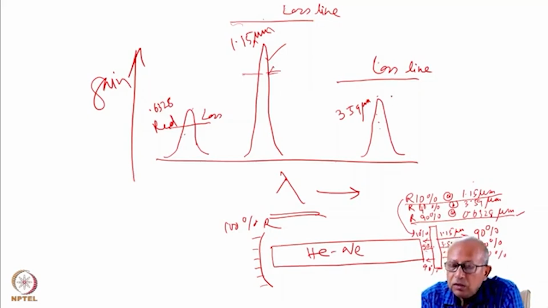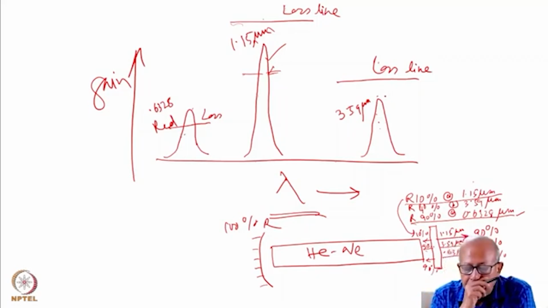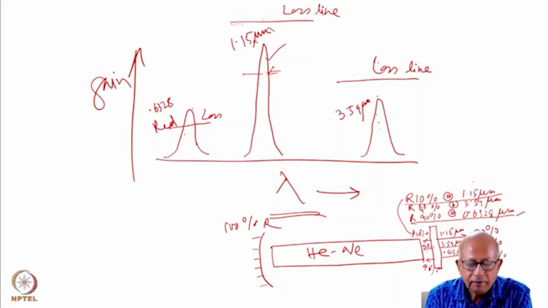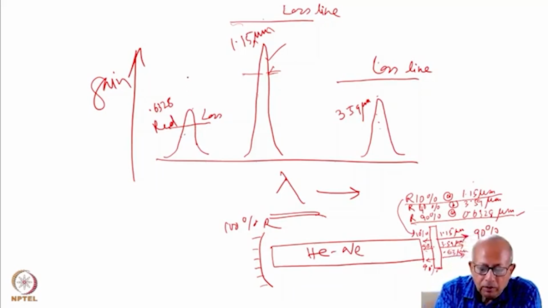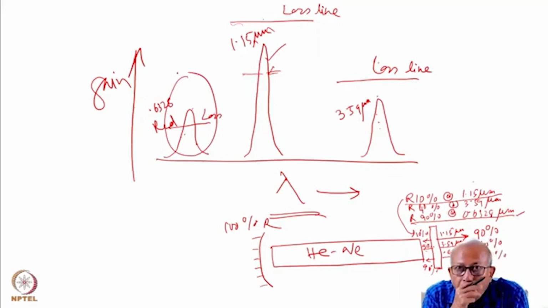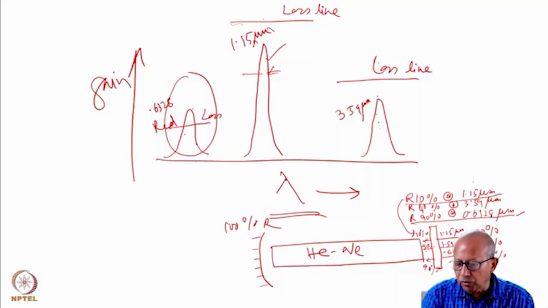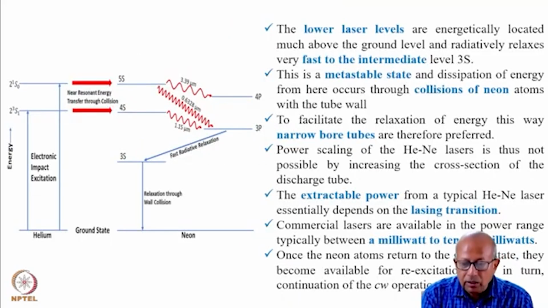The same is true for this line as well. While for the transition which has the minimum gain, we will be able to get lasing. It is because the cavity has been designed in such a way that it selectively introduces more loss in the lines with higher gain and less loss for the transition of low gain, thereby making oscillation or amplification of light possible at the wavelength for which it has the smallest gain.